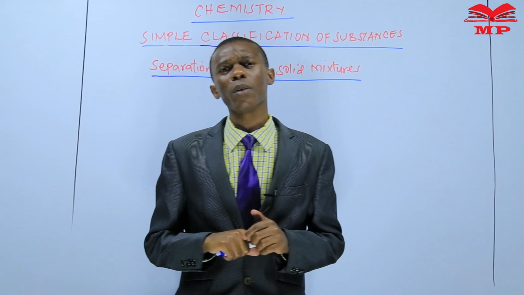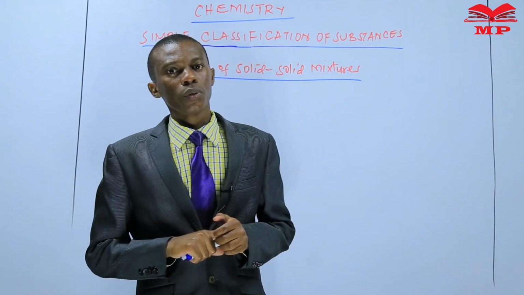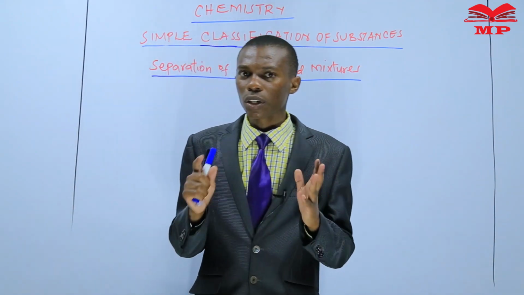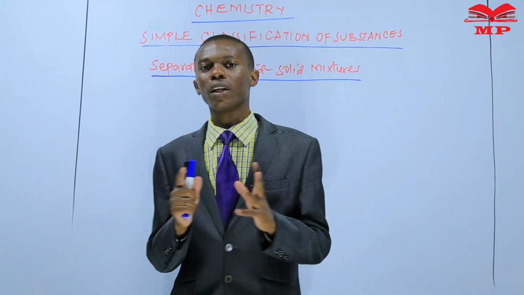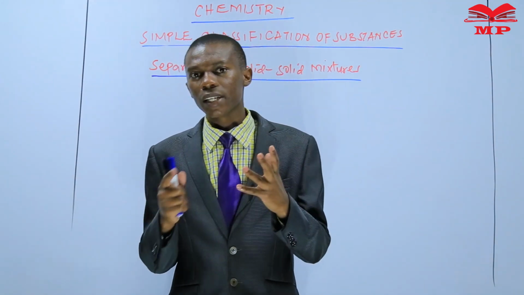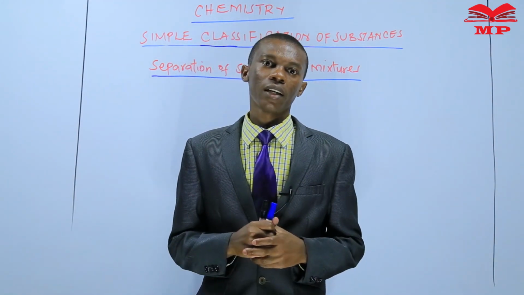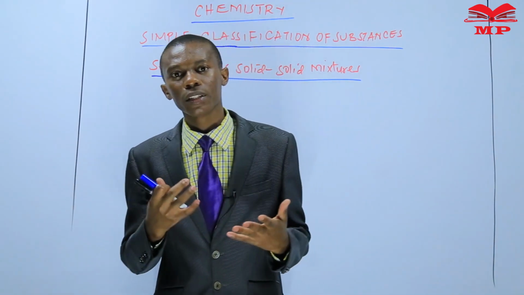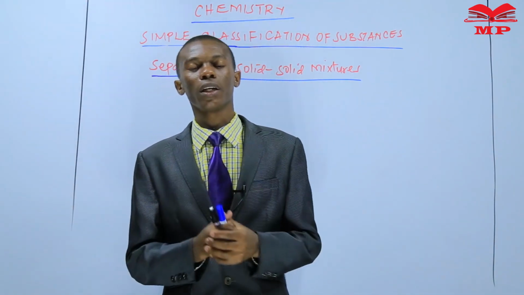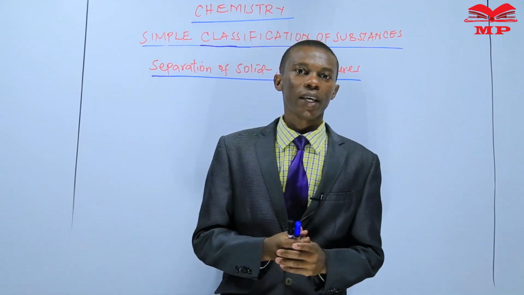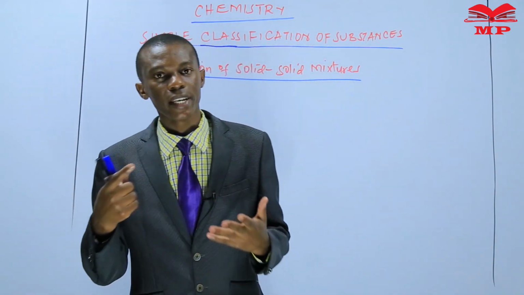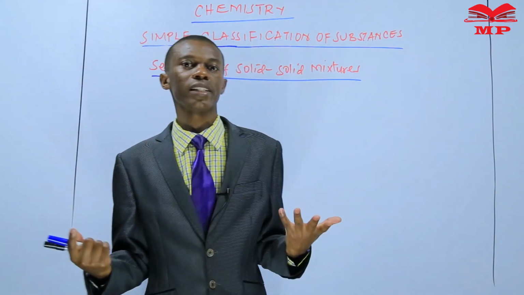I know in primary science, we learned about separation and types of mixtures and separation. An example is when you are talking about maize and beans and some other things like iron filings and sand.